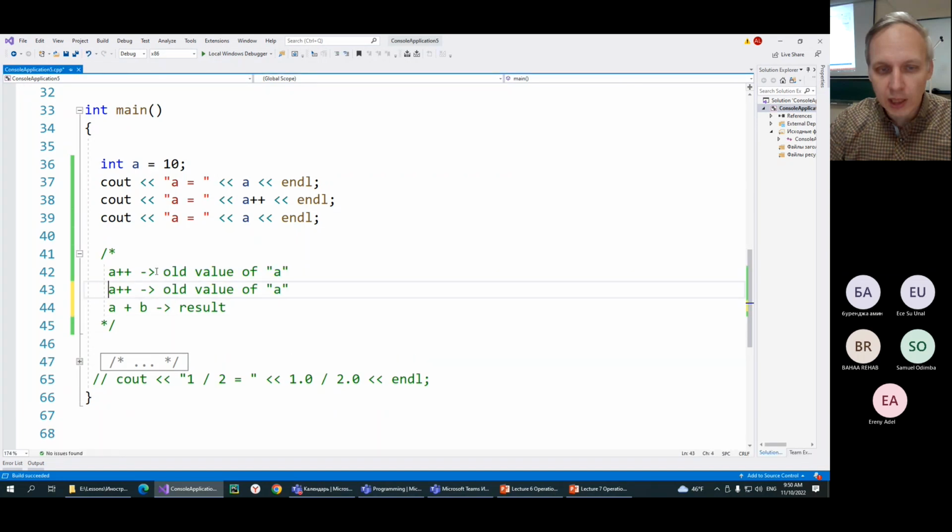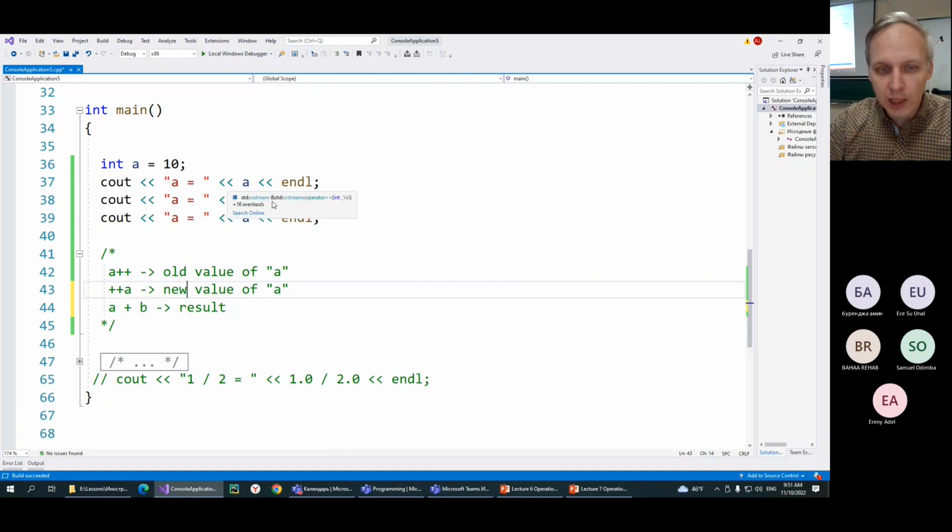And when I write plus plus a, the result of this operation will be the new value of a. The variable a will be changed in both cases, but the results of these operations are different. In the first case, the result is the old value of a. In the second case, the result is the new value of a.